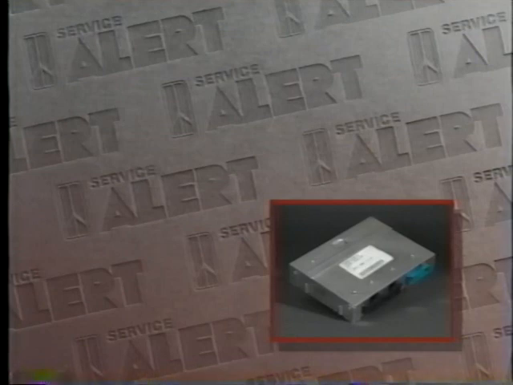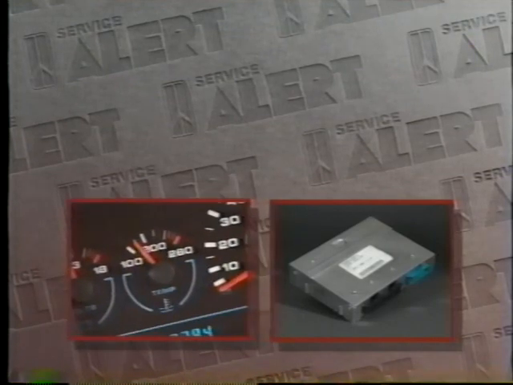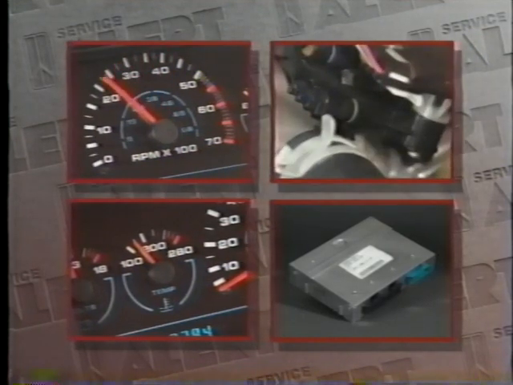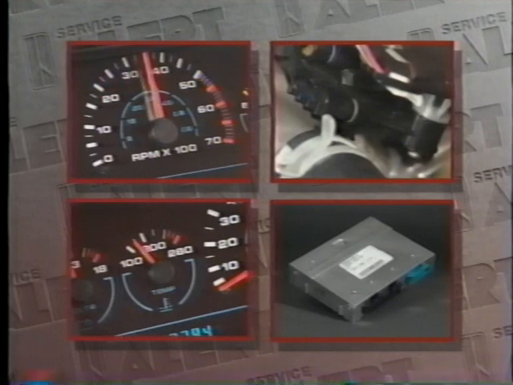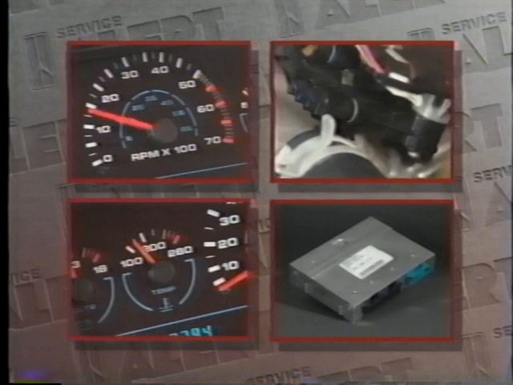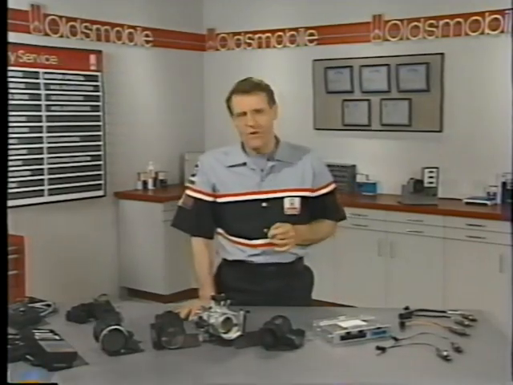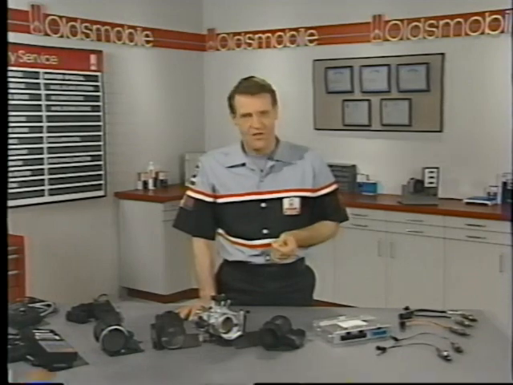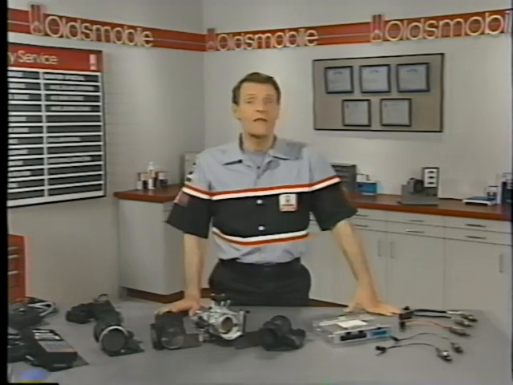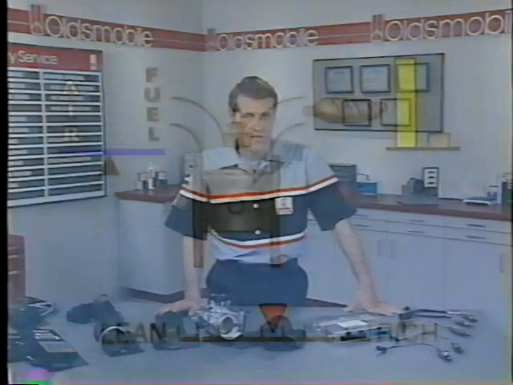ECMs and PCMs use information such as coolant temperature, engine speed, throttle position, and the amount of air the engine is taking in to calculate how much fuel is needed at any given time. That calculation, even at its most accurate, is still only a prediction, which means it's not good enough to meet exhaust emission requirements.